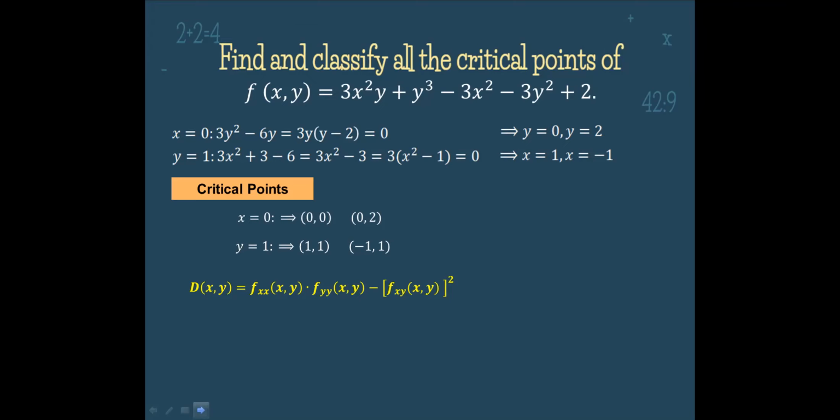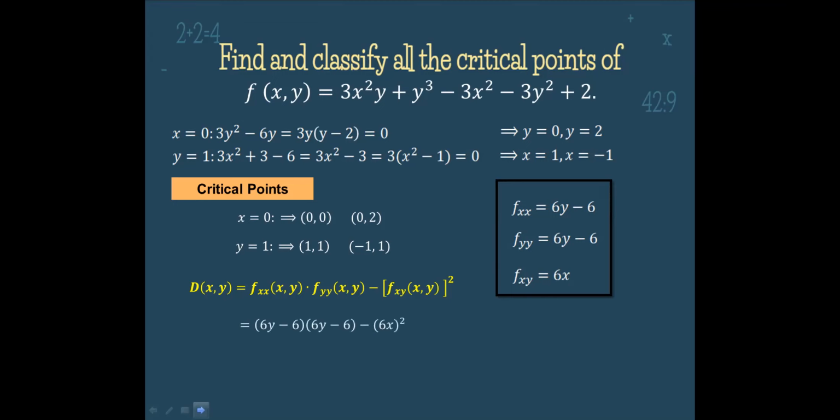Of course, what we need now are our three second order partial derivatives. So here it is: we have 6y minus 6 for the second order partial derivative of f with respect to x, and the same also for the second order partial derivative of f with respect to y. And lastly, we have 6x for our mixed second order partial derivative xy.